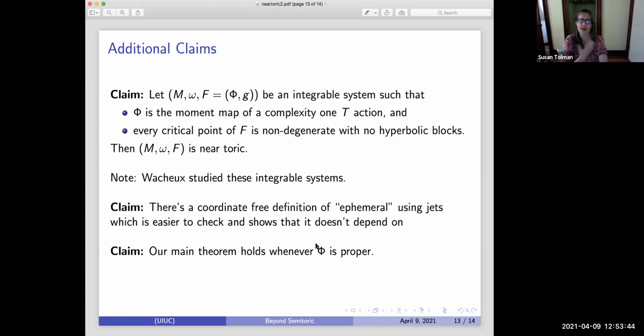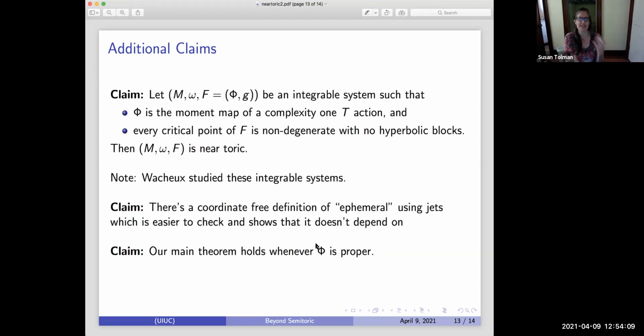Another claim is our definition of ephemeral looks a little weird. I'm sorry, there's some hack in this, but there's a coordinate-free definition of ephemeral using jets. So you can define this in terms of jets, which makes it easier to check. You don't actually need to find the symplectomorphism. That would be quite painful. It's a pretty doable thing.